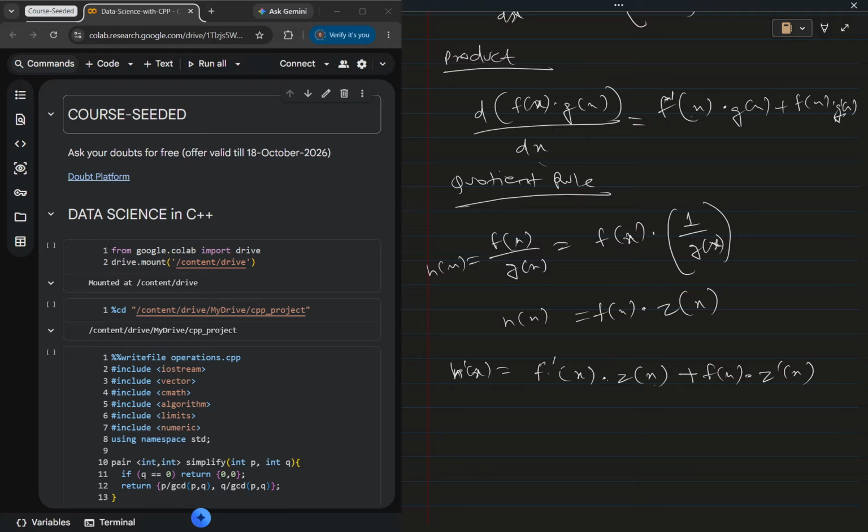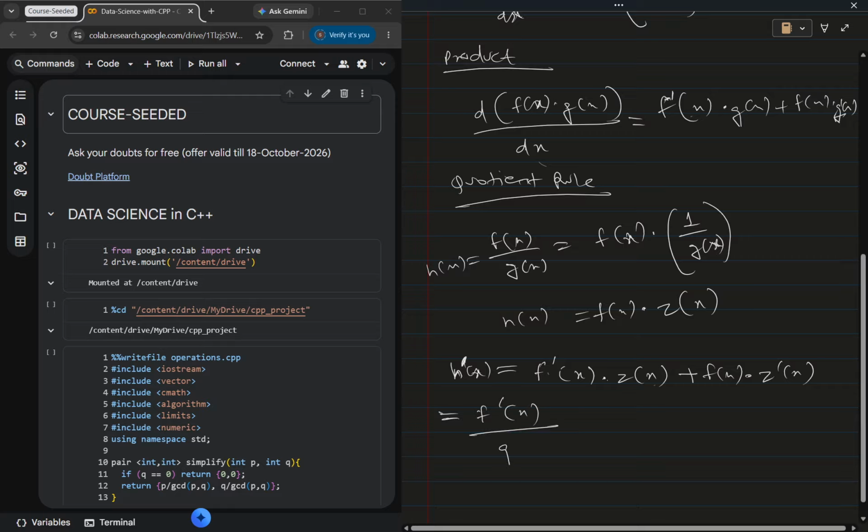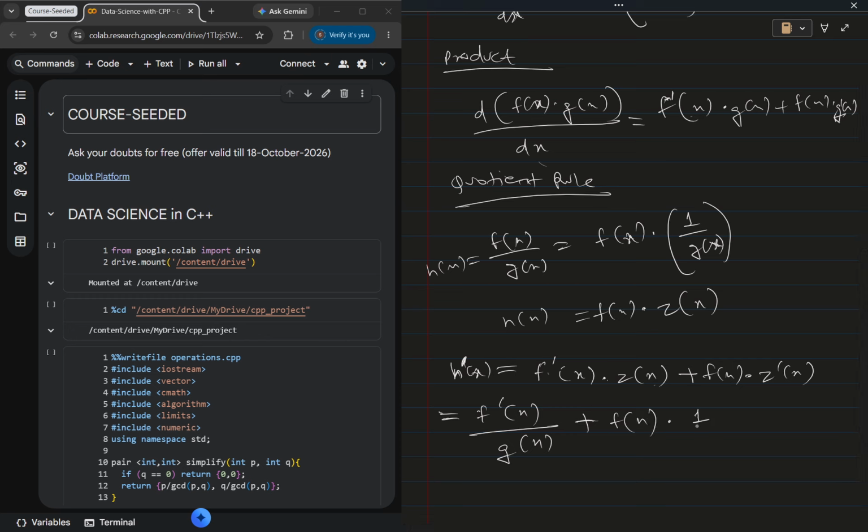This will be the derivative of h(x) for the new quotient rule which we are going to find. So this will be f'(x) divided by g(x), plus f(x) times the derivative of 1 by g(x).